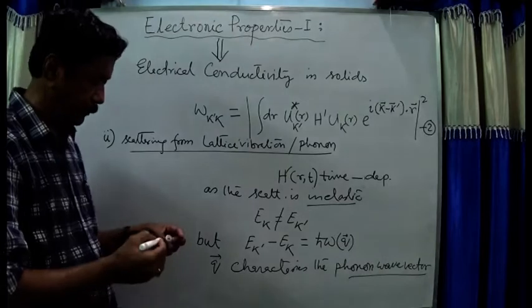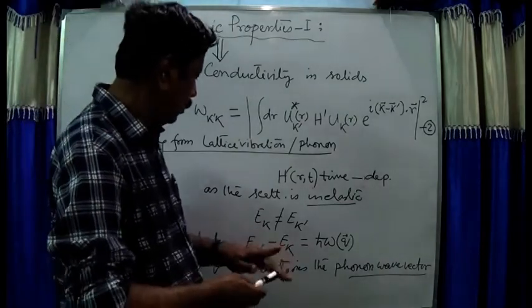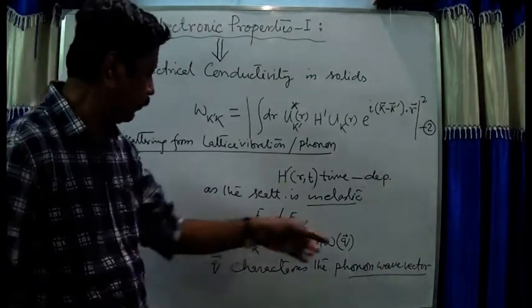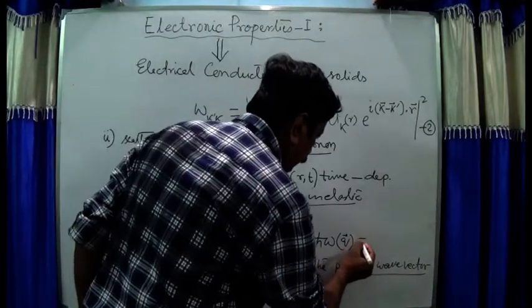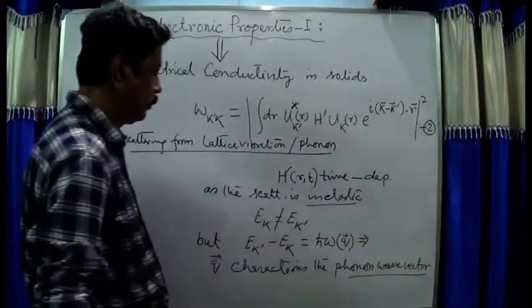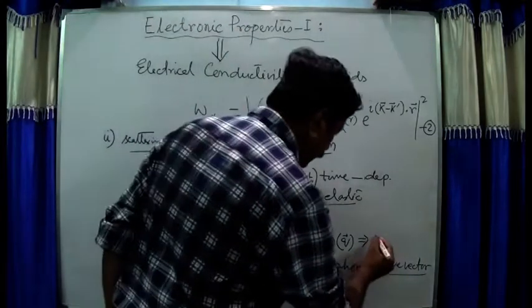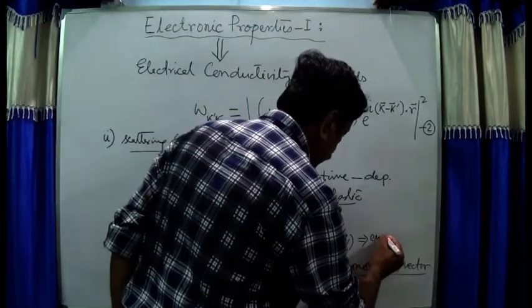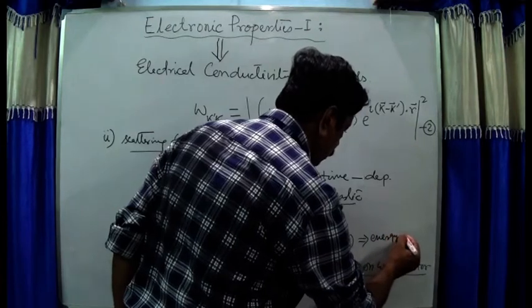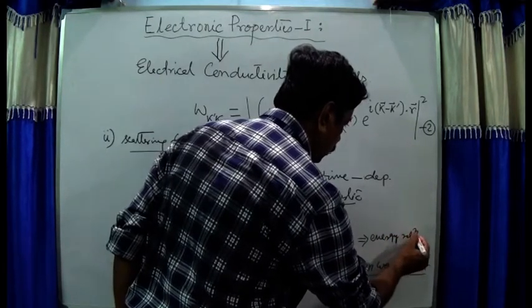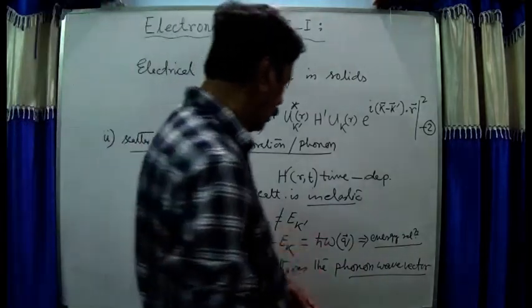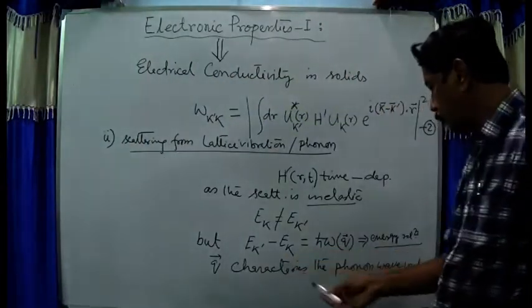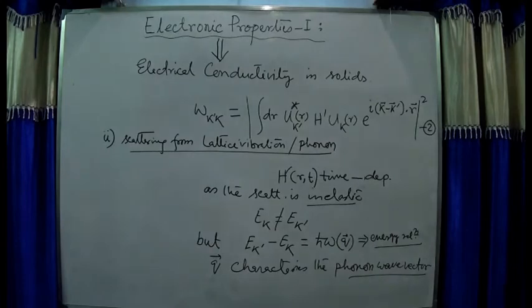So this is the energy relation for the conservation of energy, where Q is the phonon wave vector.